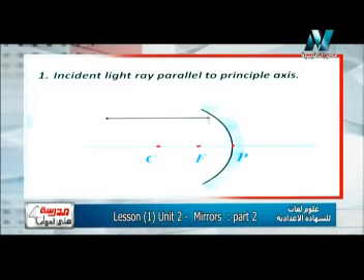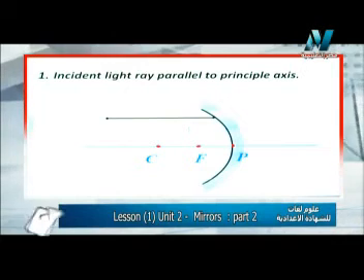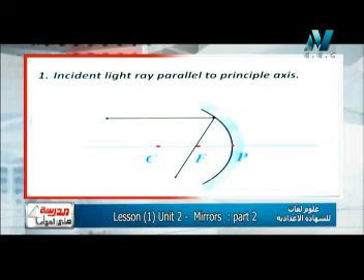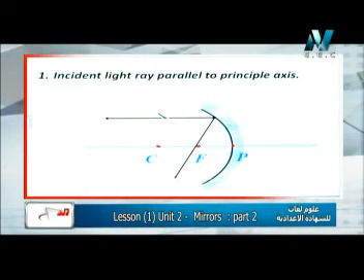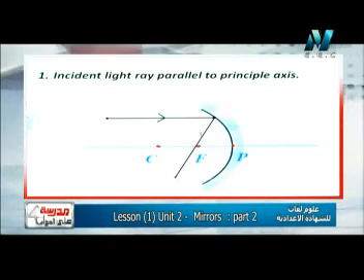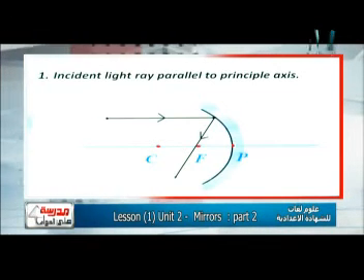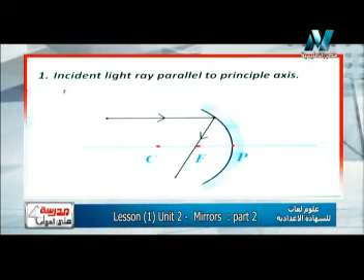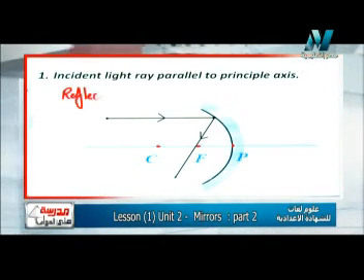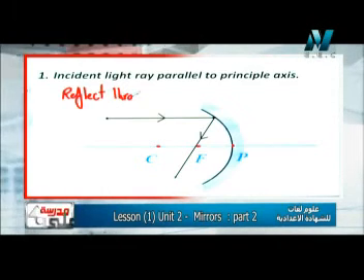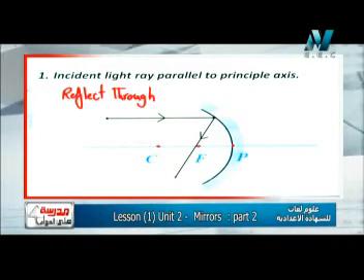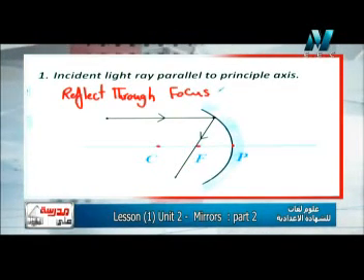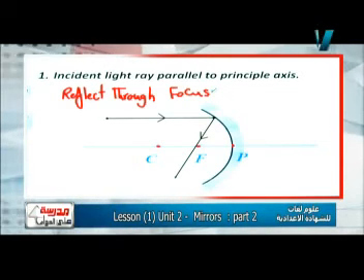If the light ray falls like that, parallel to the principal axis, in this case the light ray will reflect through the focus. And we know focus is a point of collection or intersection of the reflected light rays.